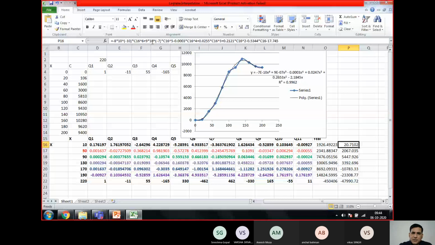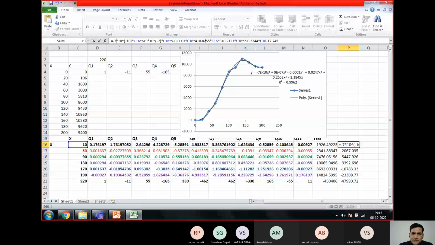This is 10 to the power, okay, then power 6. Then you have 9.7 times 10 to the power 5, then -3.4 times 10 to the power 4, x to the power 4. Then here your value has been changed, 0.027 times x to the power 3.